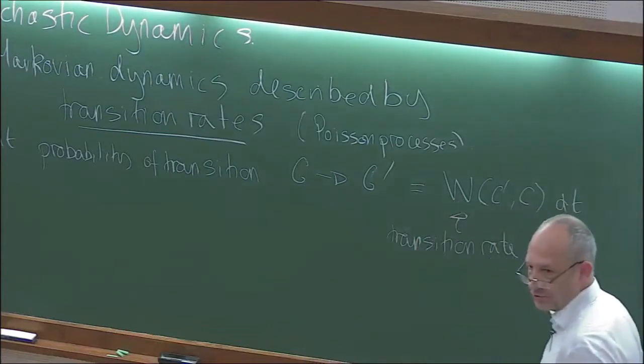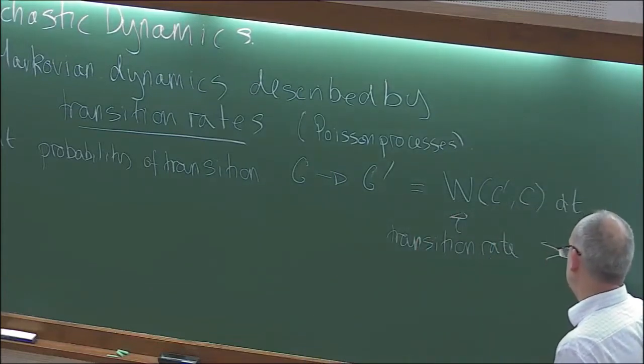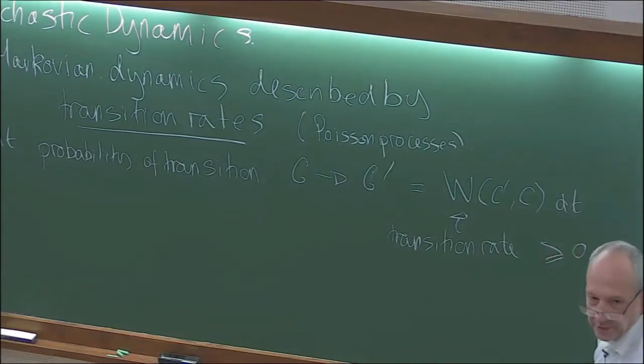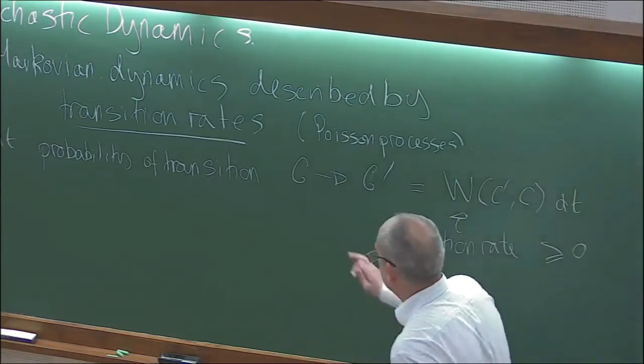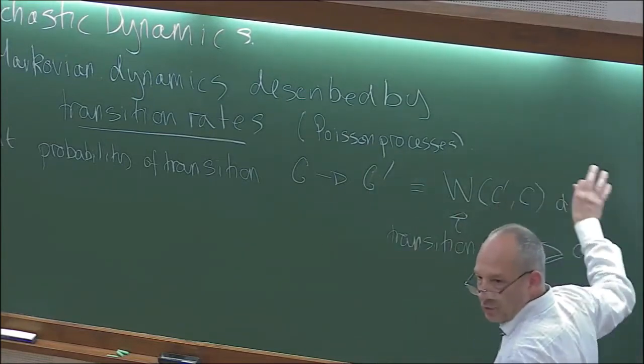And of course, transition rates are greater than, well, possibly equal to 0 if nothing happens, if there's no transition. And they could be large. You know, a transition rate could go to infinity. It doesn't have to be less than 1.